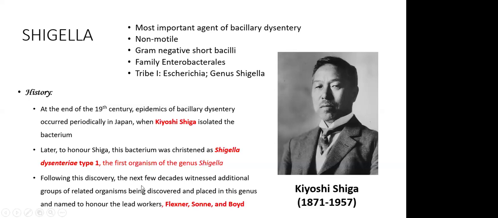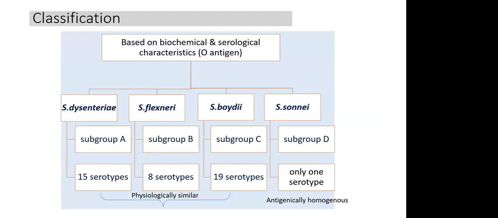Following this discovery, a few other related organisms were also discovered and named to honor the lead workers like Flexner, Sonne, and Boyd. Depending upon their names, we now classify Shigella based upon the biochemical and serological characters, that is the somatic O antigen, as subgroups A, B, C, and subgroup D.